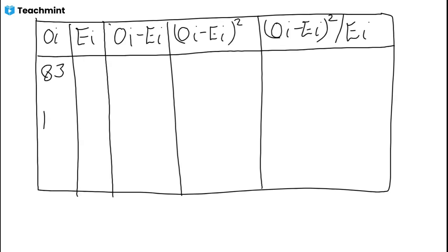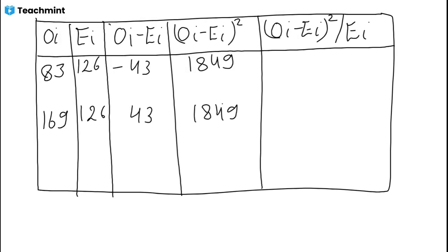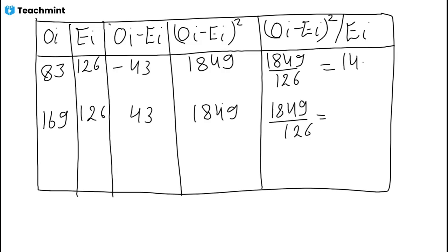We have 83 and 169, 126 and 126. We have minus 43 here and 43 here, and we need to find their square. The square of 43 is 1849, and similarly we get it here. Then 1849 divided by 126 gives 14.67, and here also 14.67.